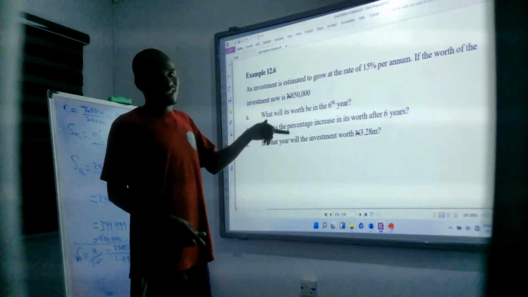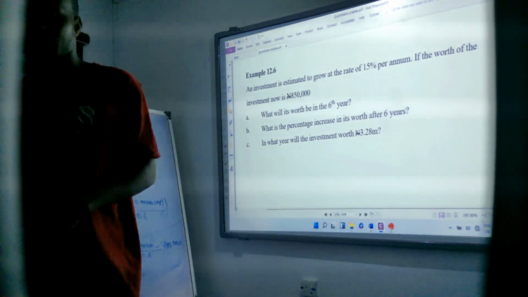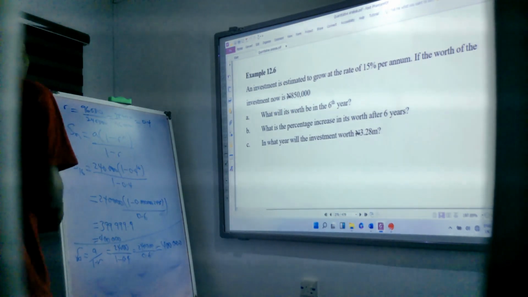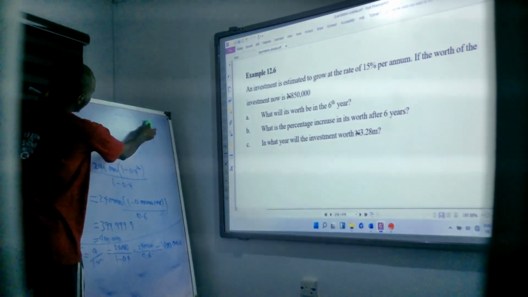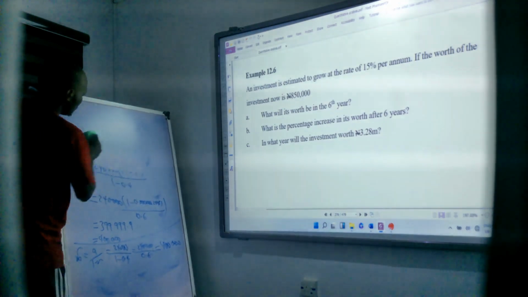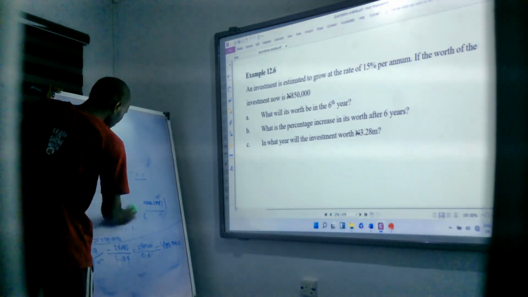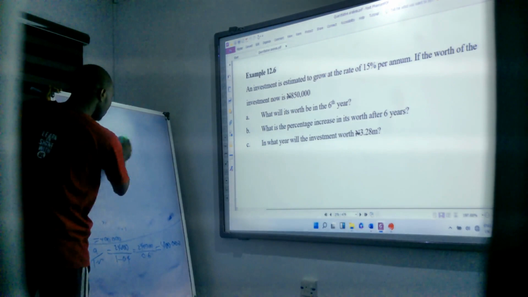Is that okay? So if the worth of the investment now is the first term, what will it be worth in the sixth year? We're looking for the sixth term. Let me drop this on the board.